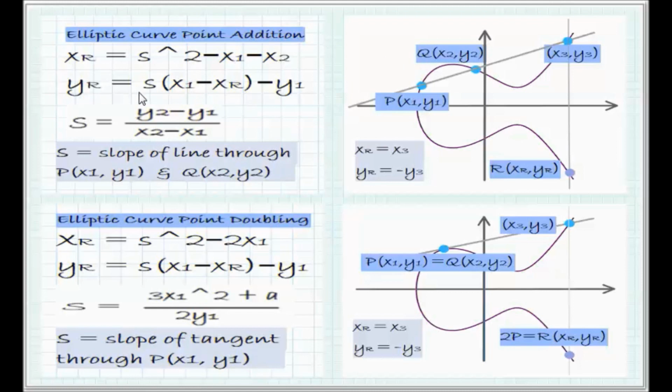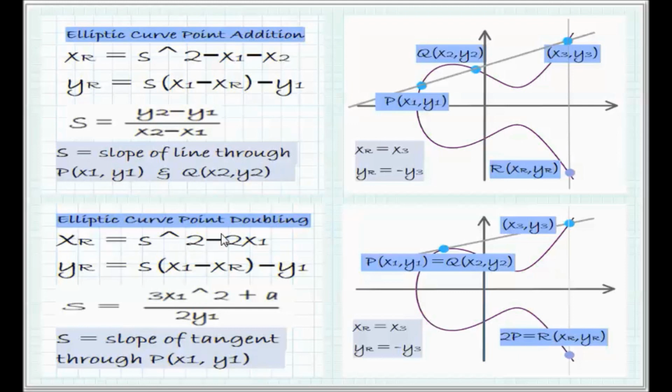And yr is equal to the slope times (x1 - xr) from here, minus y1. And the slope is equal to (y2 - y1) over (x2 - x1), and the slope is the slope of the line through P and Q.